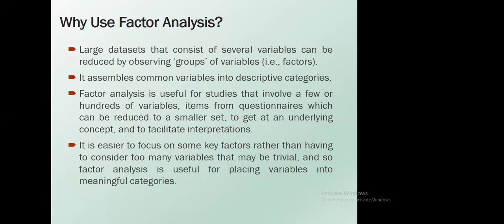But this does not mean that your sample size should depend on this. Please be very clear that sample size is calculated according to the study design and according to the study objectives: the primary outcomes, secondary outcomes, primary objective, secondary objective. So sample size estimation or calculation is an entirely different theory.